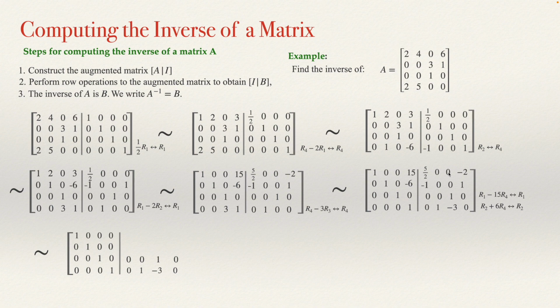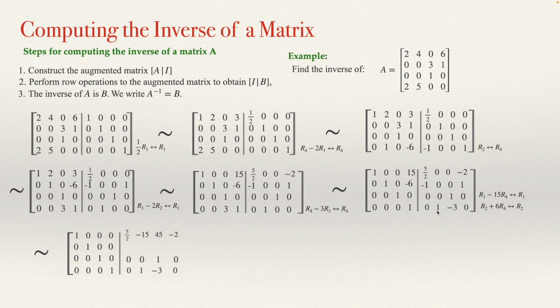So this number will be 0 plus 45. And this will be minus 2. And this minus 15 times 0 is 0, so it will be minus 2, doesn't change. So what changes are 5/2, minus 15, 45, and negative 2. And this one will be minus 1 plus 0 is minus 1. 0 plus 6, because I'm changing R2, I'm multiplying this by 6.